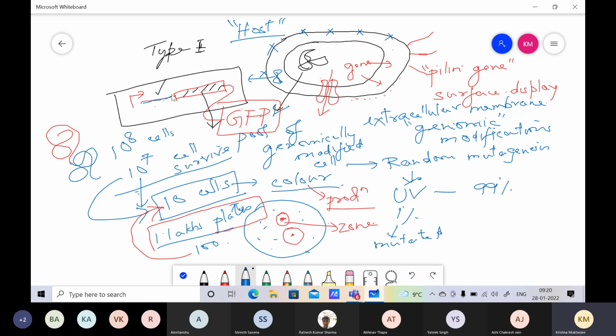And usually we put a linker in the middle, but I will not talk about all those details. We put a linker which allows the GFP to fold independently. There's a small linker here, and this GFP part will give fluorescence, and so you can locate very quickly what is the expression level of the gene of interest by looking at the fluorescence in the cell.